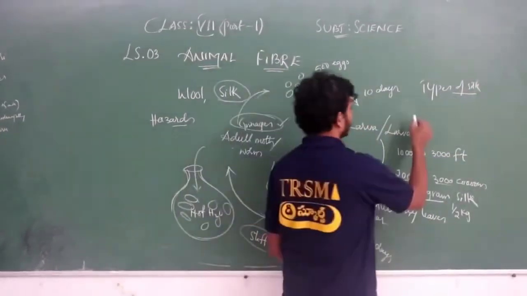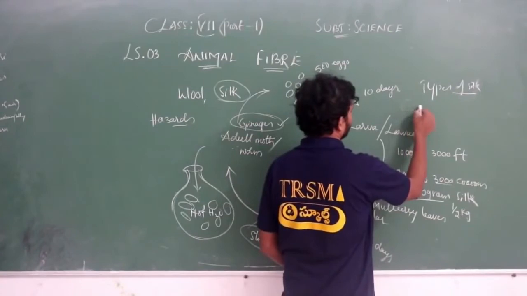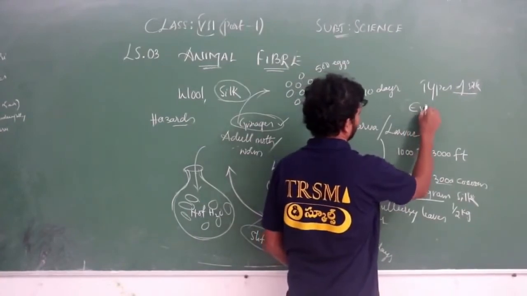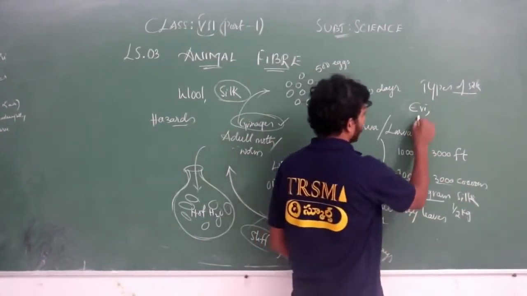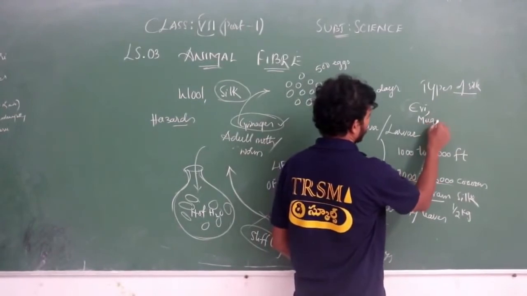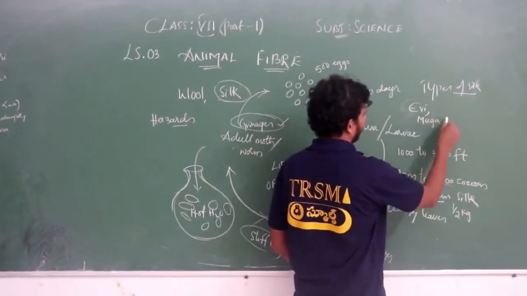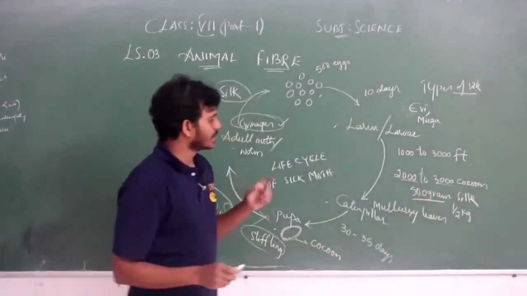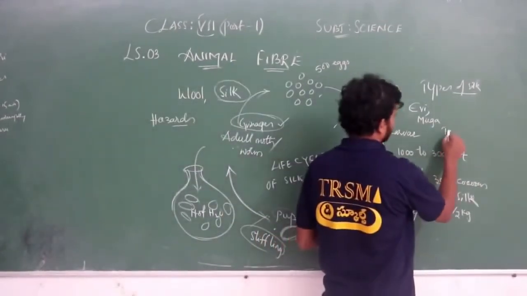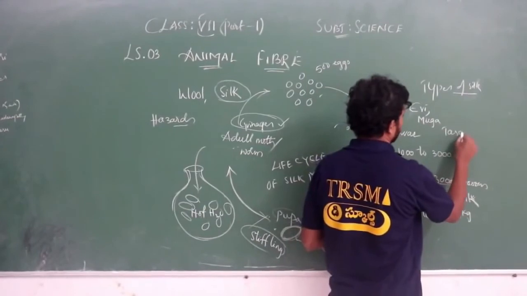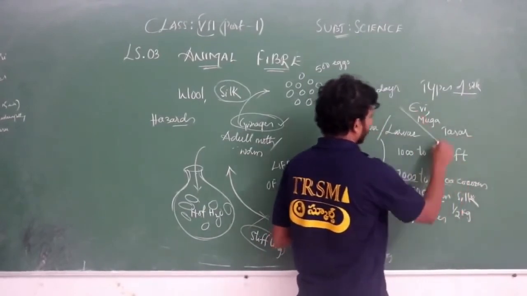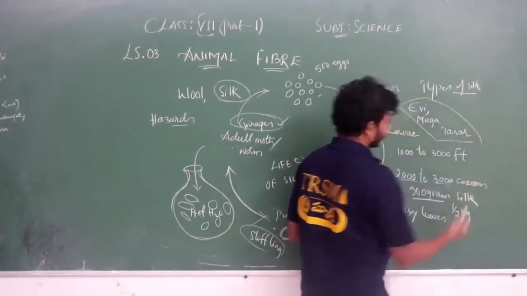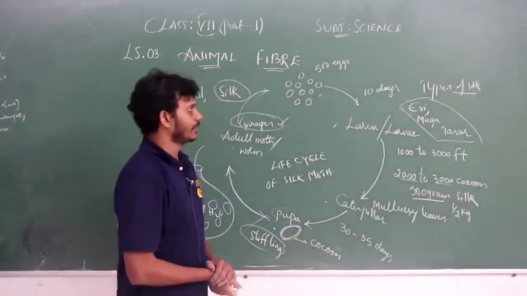Types of silk. One is Eri silk. Next one is Muga silk. Another one is Tasar silk. These are the different varieties of silks available for us.